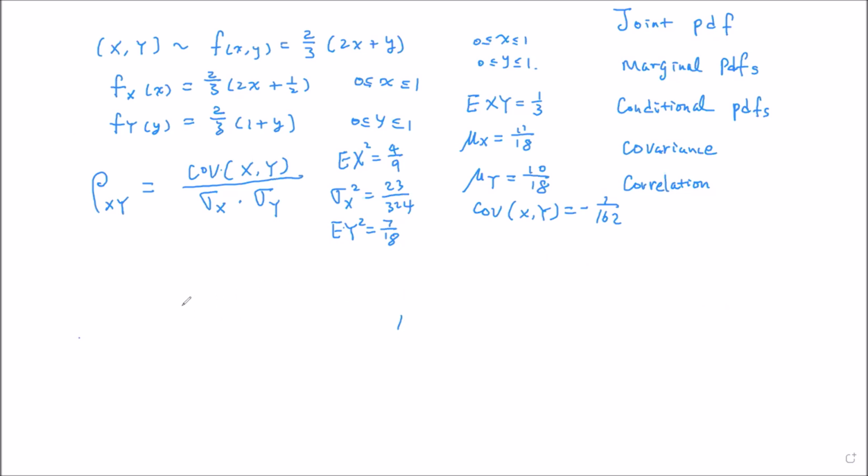So the variance of Y is the expectation of Y squared minus E of Y, squared, and we have all these values somewhere here.